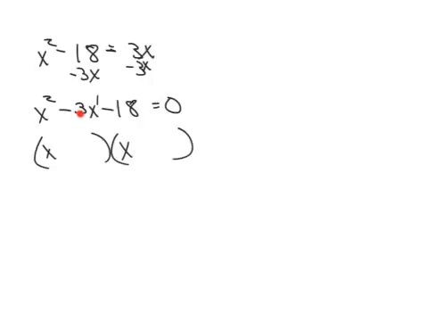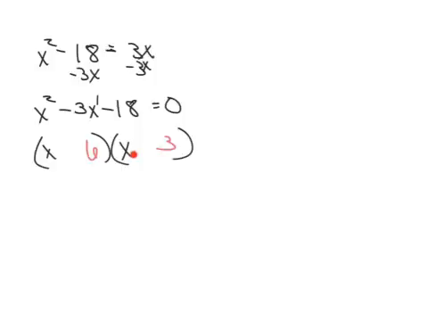So what I normally do is I look for two numbers multiplied to give me 18, and if I add or subtract them, I get 3. I'm not going to worry about the negative. Just two numbers multiplied together give me 18, added or subtracted, the difference between them or whatever gives me 3. So let's look at 6 and 3. Alright, multiplied together they give me 18, and 6 plus 3 is 9, but 6 minus 3 is 3. So those are the two that I'm going to work with.